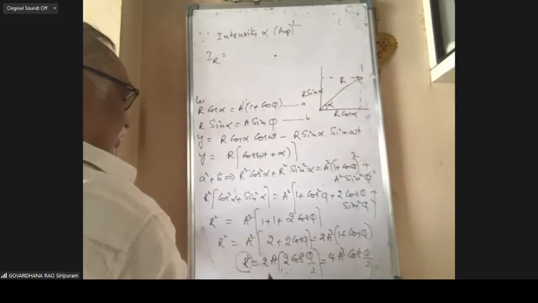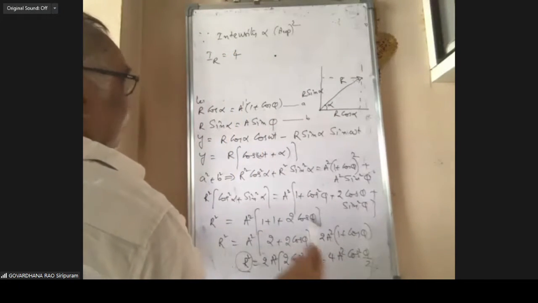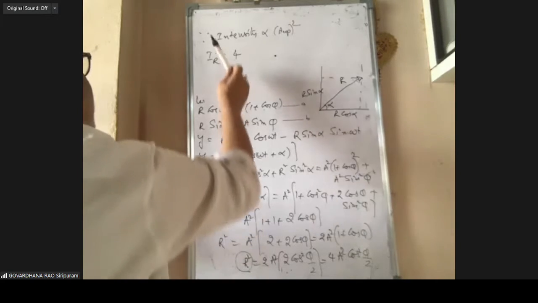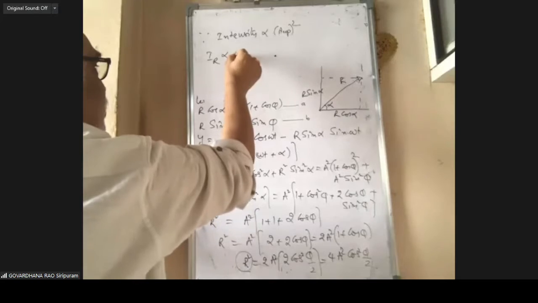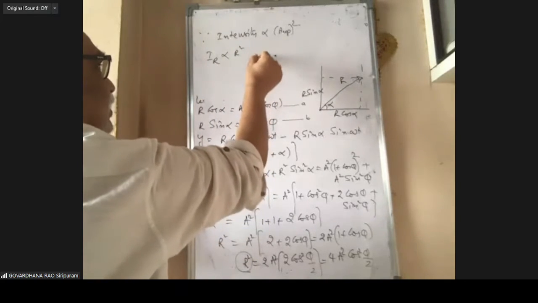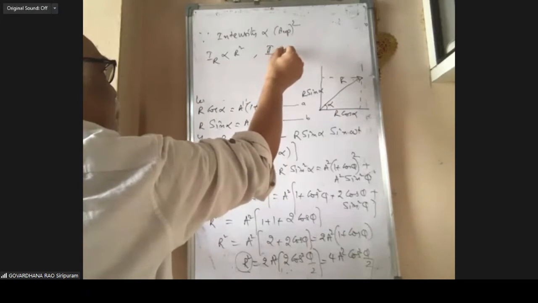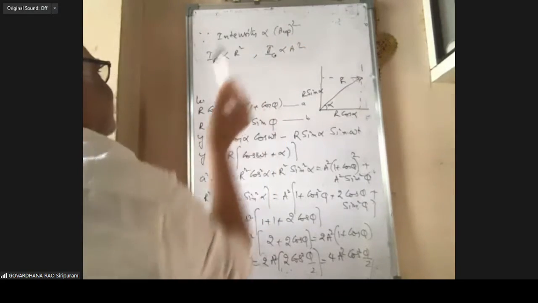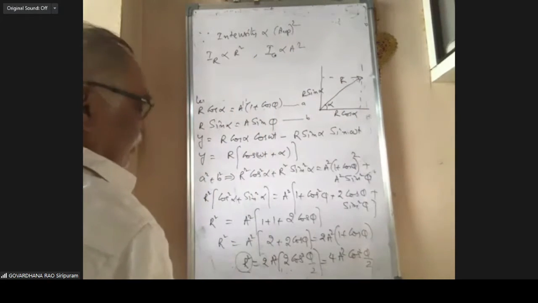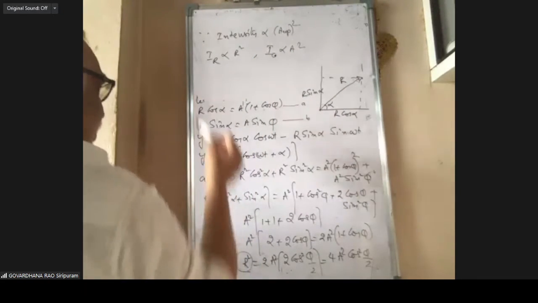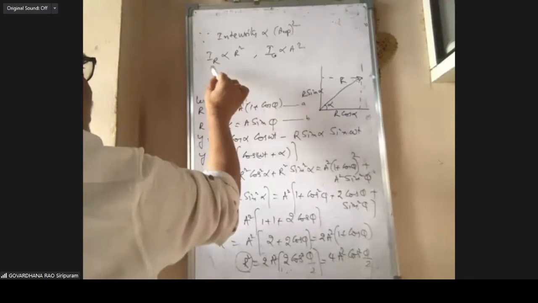Resultant intensity, and for A square, I naught. That means the resultant intensity I_R is proportional to R square, and intensity I naught is proportional to A square. Substitute here: in the place of R square, you write I_R.